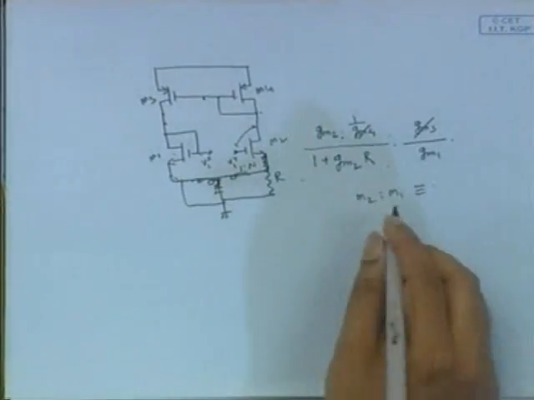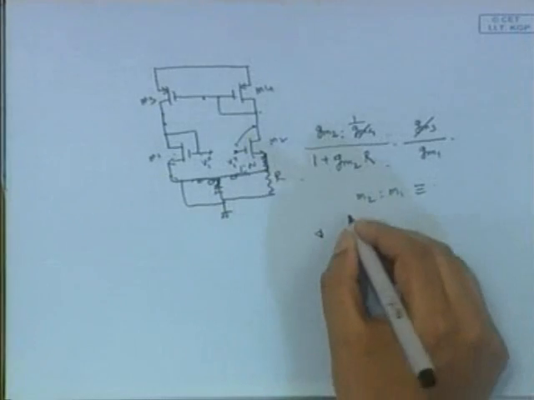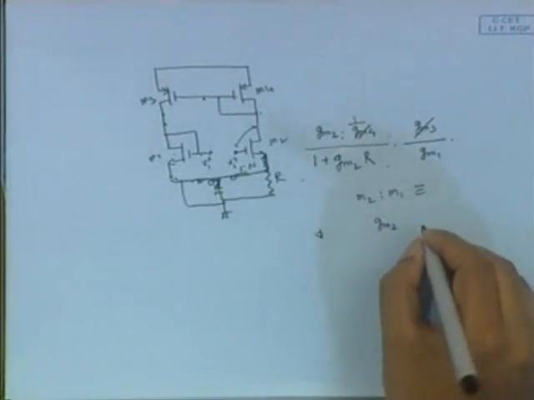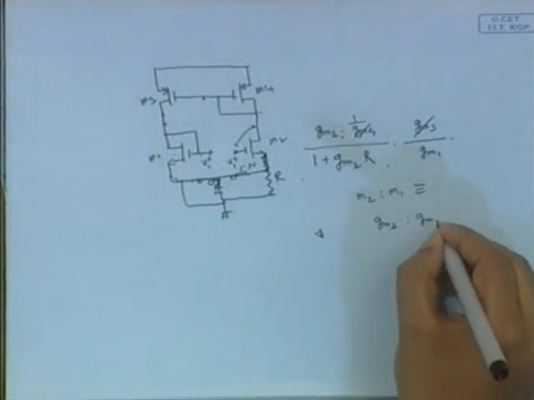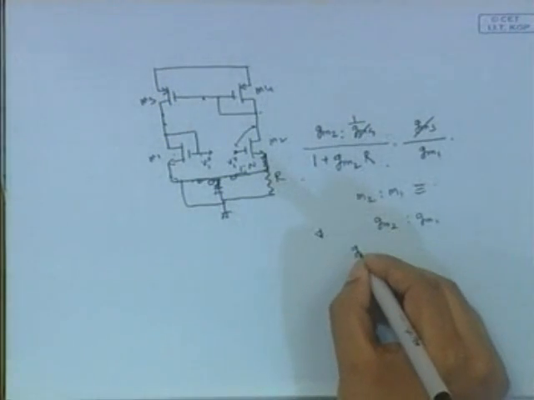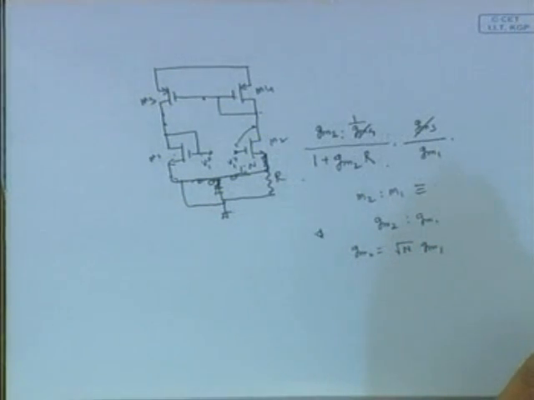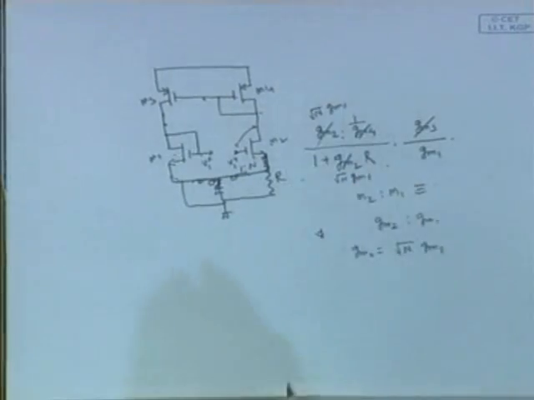So GM2 should equal root n times GM1, since gm goes as the square root of the current. Then GM2 is root n GM1, and again this is root n GM1.